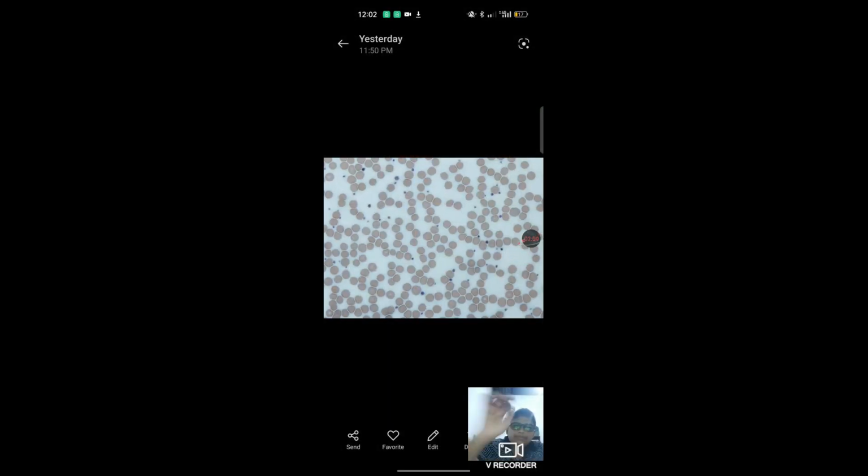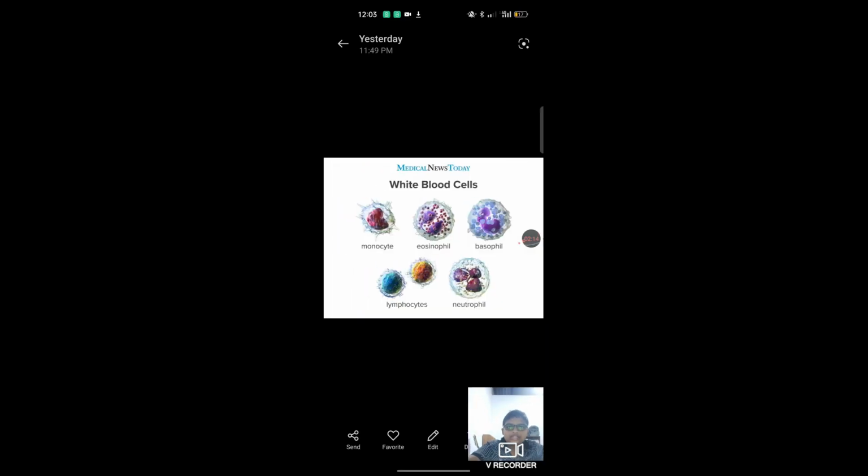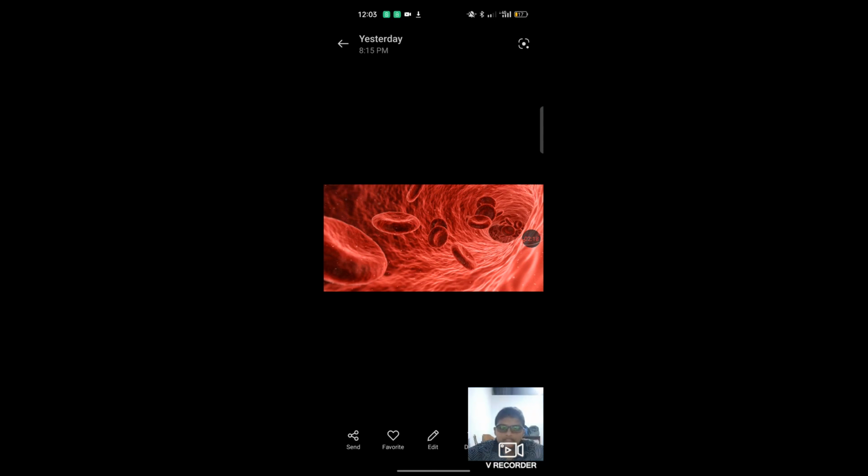So you can see platelets, and for white blood cells we say leukocytes or WBC. The main function of red blood cells is transporting oxygen all over the body.